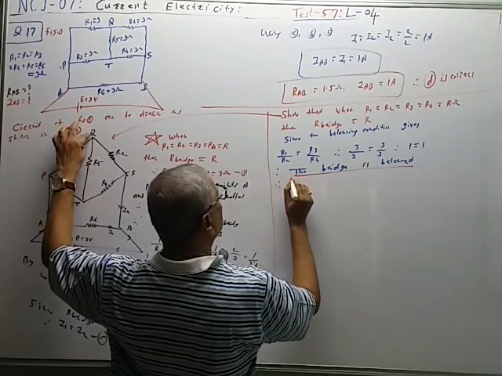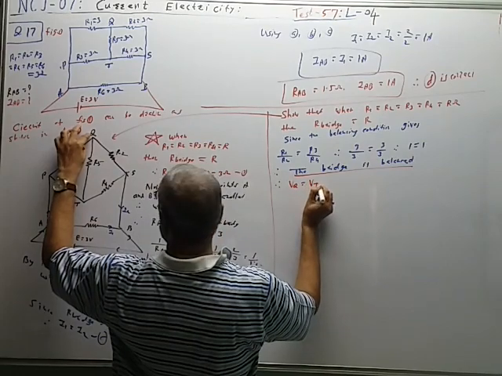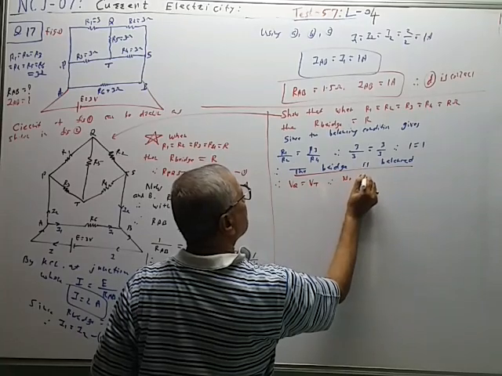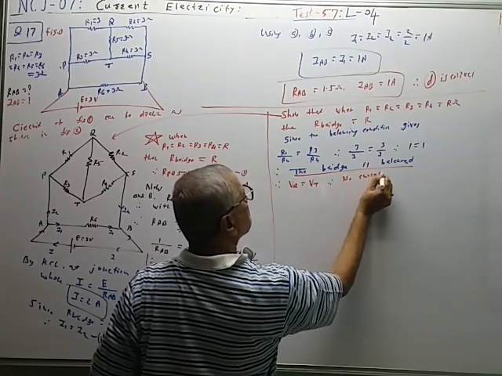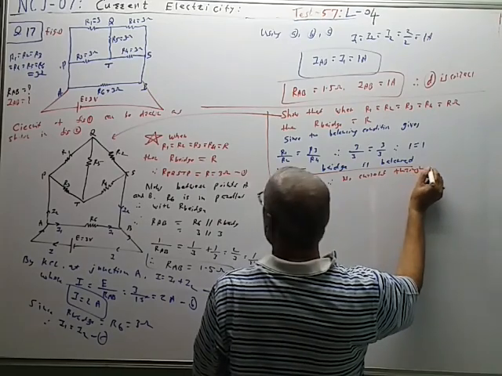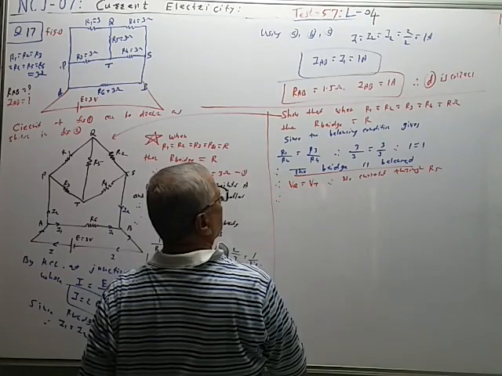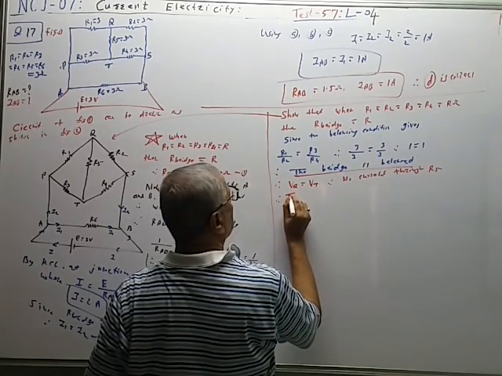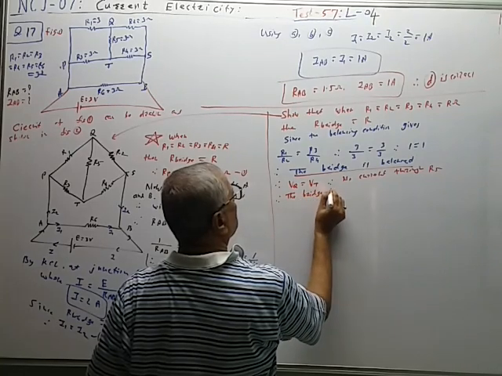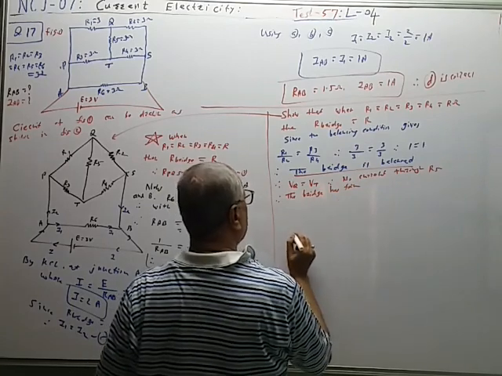Therefore VQ is equal to VT. They are equipotential points. Therefore no current through R5. Therefore the bridge has formed.